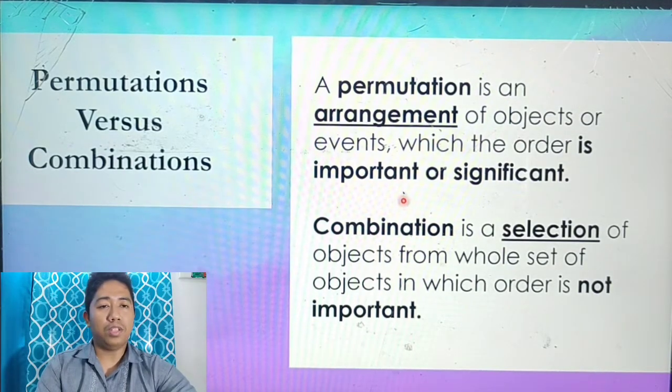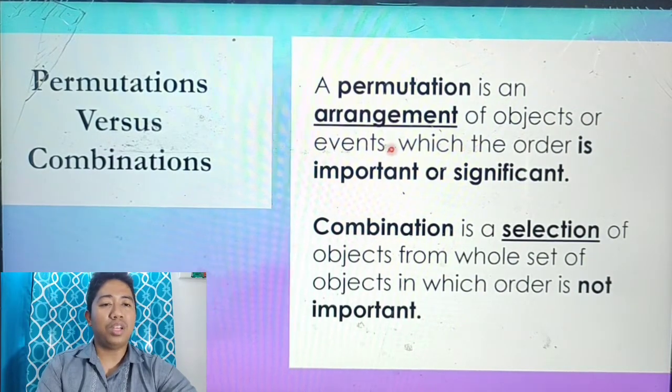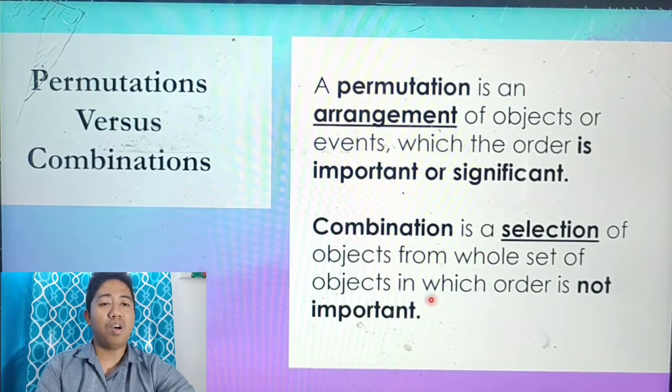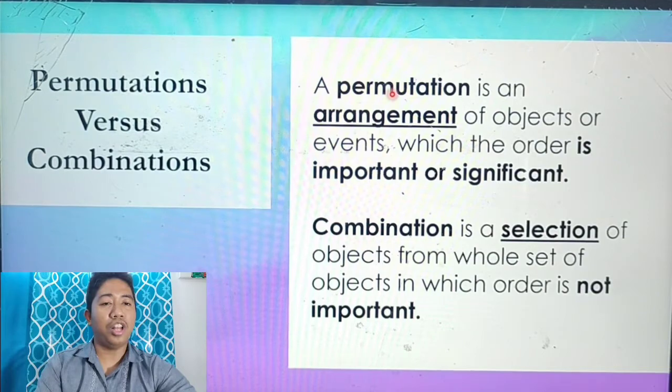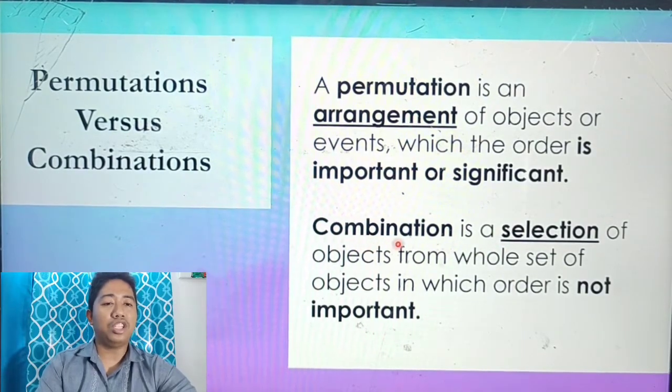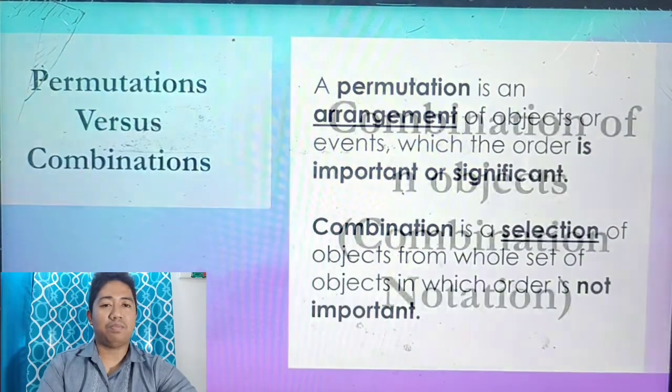While on the other hand, combination is the selection of objects from the whole set of objects in which order is not important. So permutation has the presence of arrangement of objects, while combination is the selection. With permutation, the order is important, while with combination it is not important.